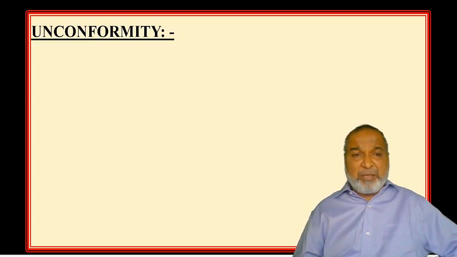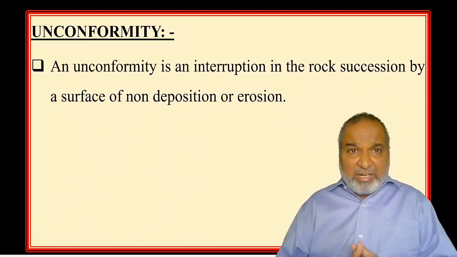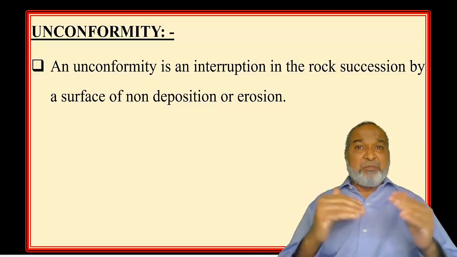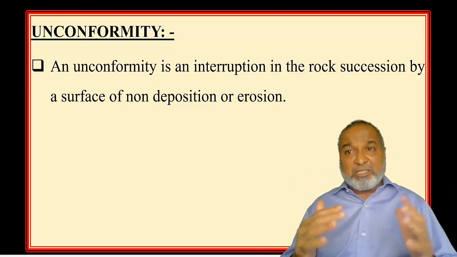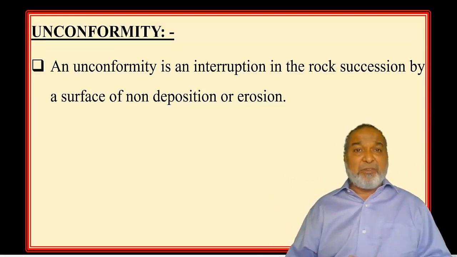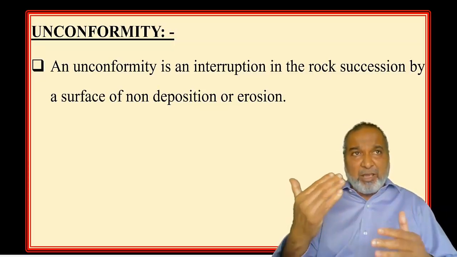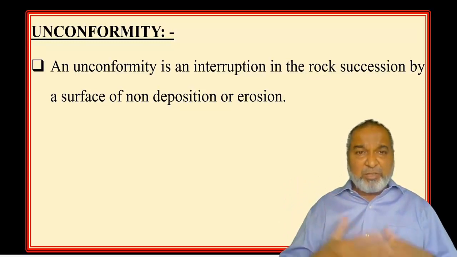Next one, the type is unconformity. This unconformity is the missing time. It is a time gap. It is an interruption in the rock succession by a surface of non-deposition or erosion. We don't know how much time there will be, whether deposition has taken place or there is erosion.